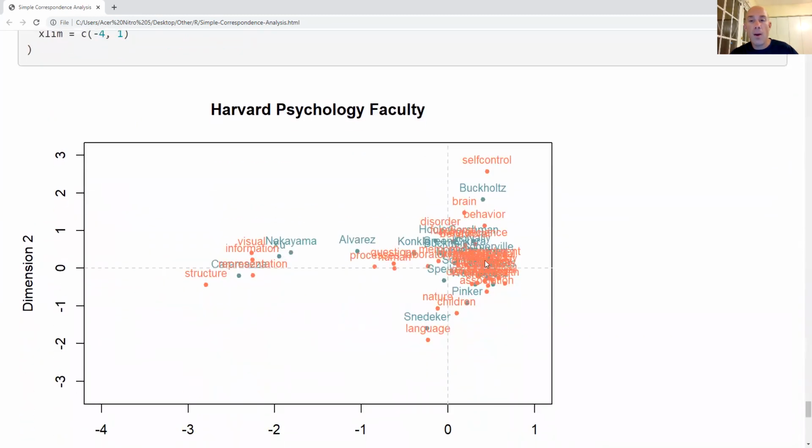All right, and so now I can see the orangish, reddish colors, maybe coral, I don't know. Those are the terms coming from their research profiles, and the researchers are the ones in teal. So this gives me a feel for what's going on.